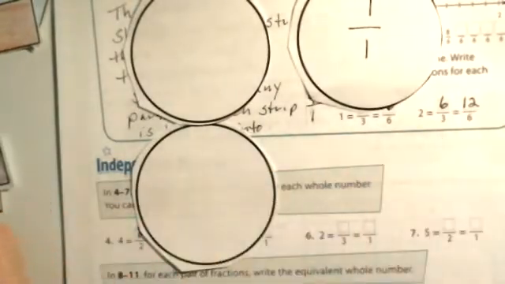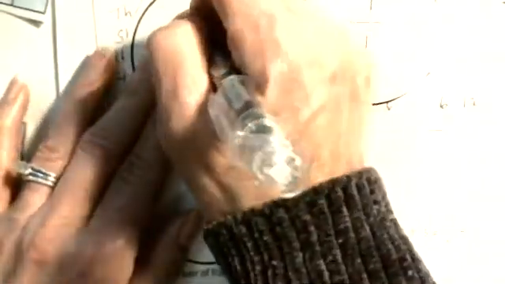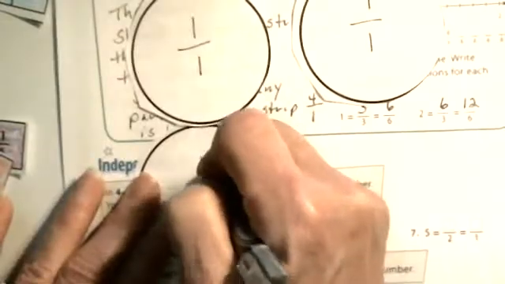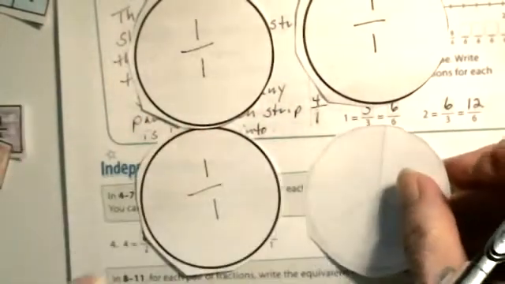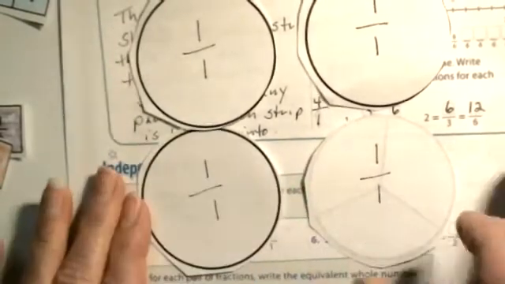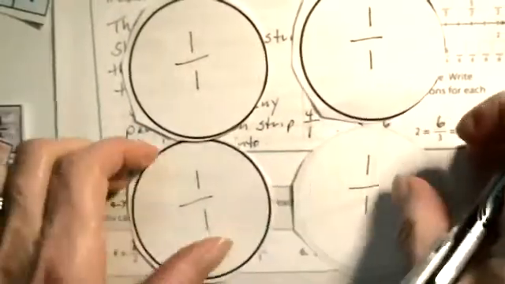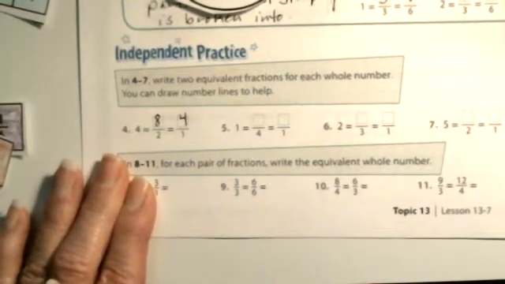Okay, so if I wanted to show 4, I would need to have, this is 1 over 1, this is 1 over 1, and I would need one more 1 over 1. So I would need 4 over 1. 4 over 1 is the same thing as 4.